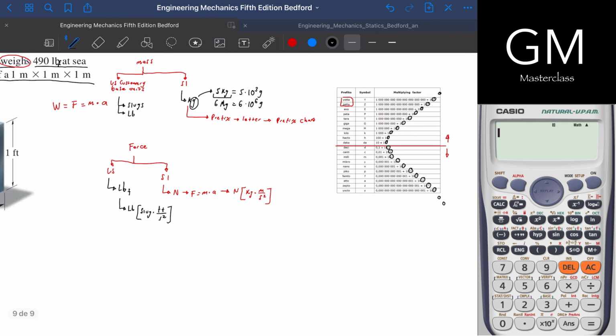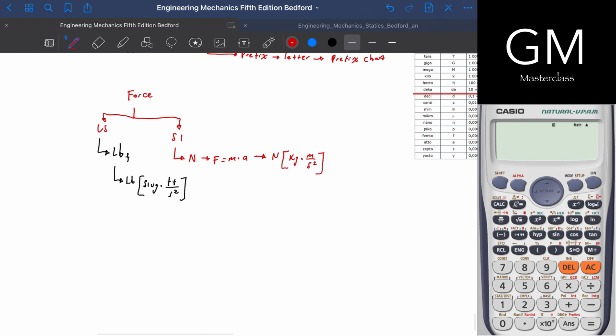So in the international system units, we also have something called force kilogram, but we are not talking about that because that is pretty confusing.